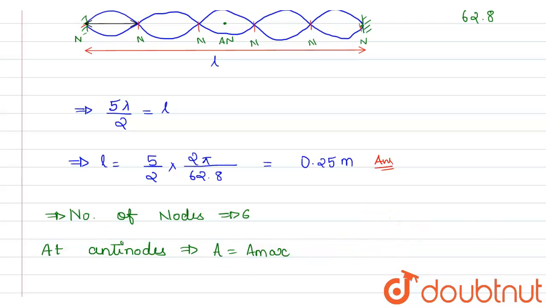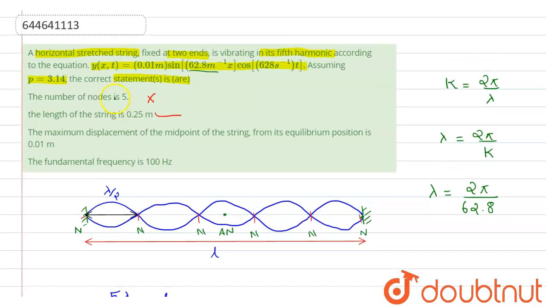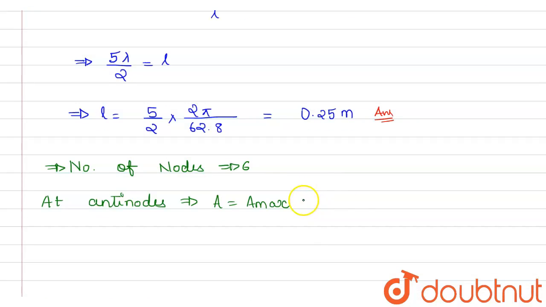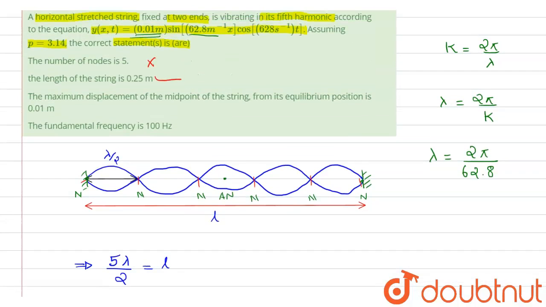In this case, our equation has maximum amplitude 0.01, so A max will be 0.01 meters at the midpoint of string, which is true. So our third option will also be true.